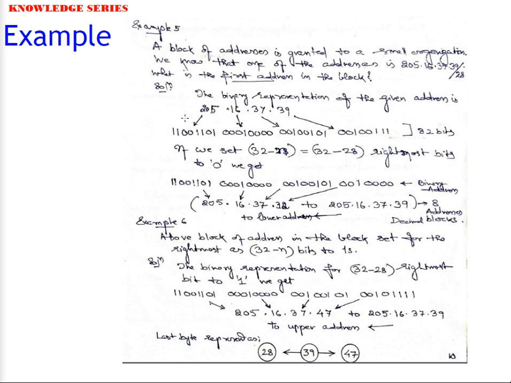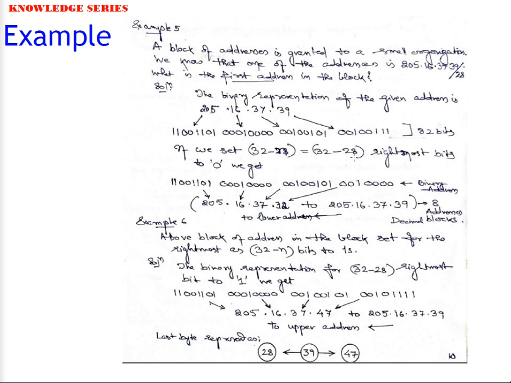Another example is shown. A block of addresses is granted to a small organization, and we know that one of the addresses is represented like this: 205.16.37.39/28. And what is the block? From this we create these notations, and that is 32 bits, and from here we are going to subtract 32 minus n, as I have shown with respect to the previous slides.